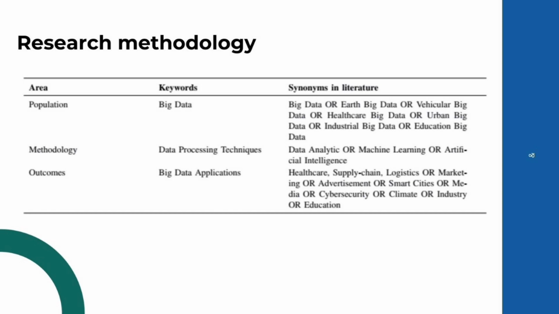And definitely we are discussing the data processing technique. The data processing technique may be any data analytics, any machine learning, or any artificial intelligence. And if we are discussing big data applications, this may be a smart healthcare system, smart education, etc. This discusses what would be the outcome.